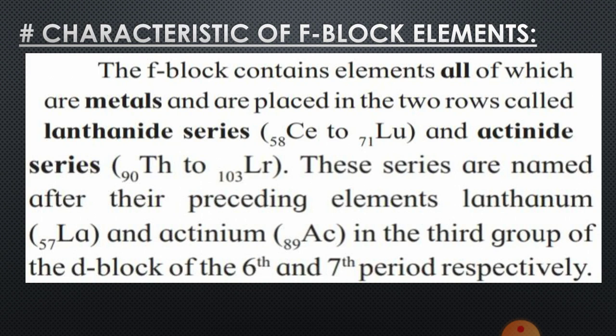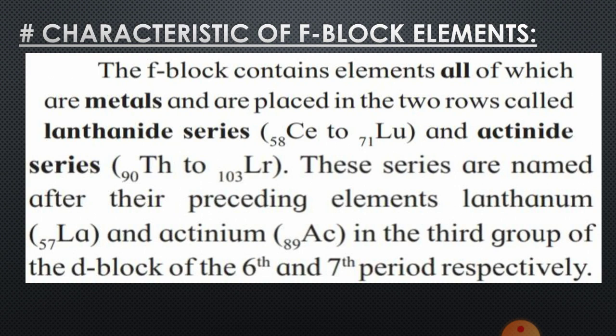The lanthanide series has emerged out from the third group and 6th period, as we see in the modern periodic table, while the actinide series has emerged out from the same group, but from the 7th period.